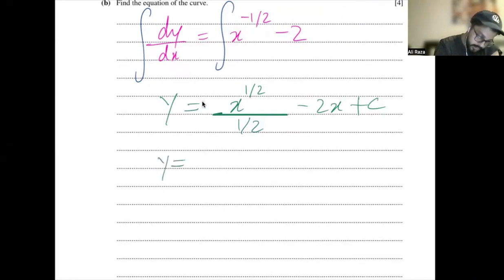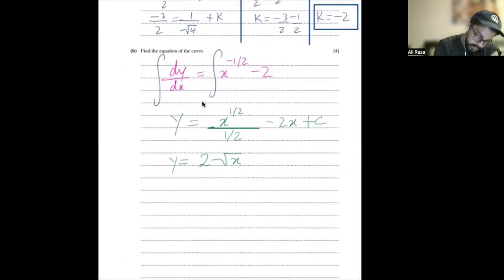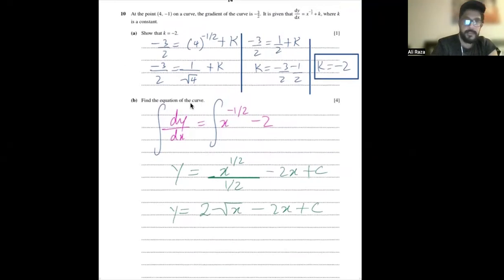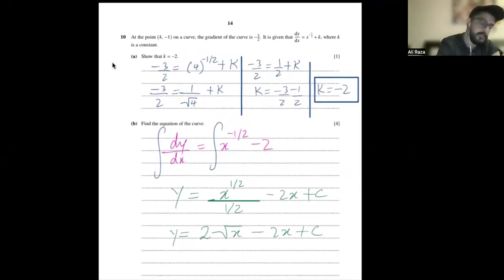Y comes out to be 2 root x minus 2x plus c. We have the pair of coordinates for this curve, 4 and minus 1. So we can plug those in to find the value of c in this case.